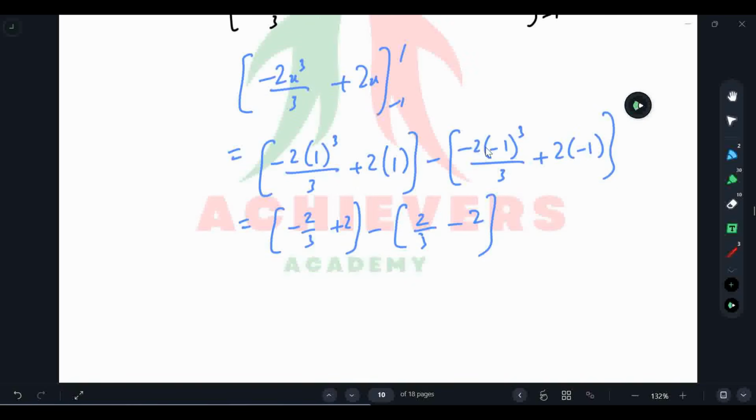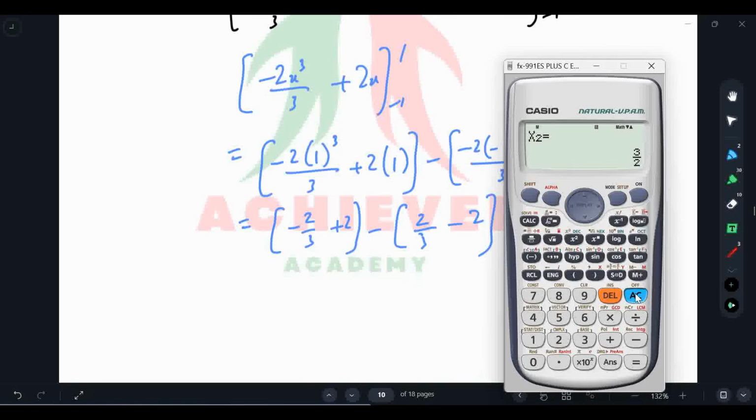Now if we simplify it using a calculator, what we can do is bracket, fraction minus 2 by 3 plus 2, bracket close, minus, fraction 2 by 3 minus 2, bracket. So this will be equal to 8 by 3.